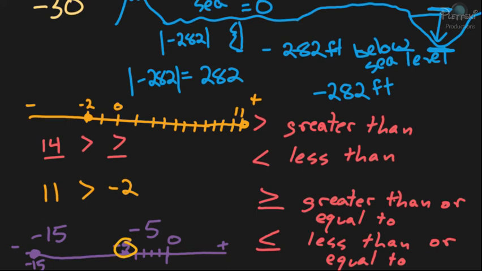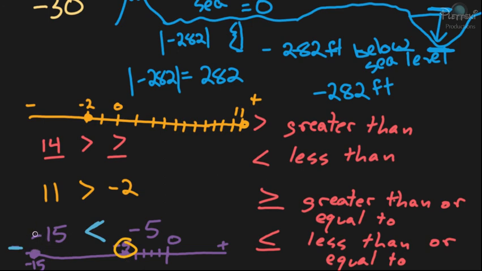So that's going to be the larger of the two. So we want the little alligator, or the inequality, to be eating the larger one. And if you think of it as an arrow, it's going to point to the smaller one. And the smaller one, remember, is the one farthest to the left.